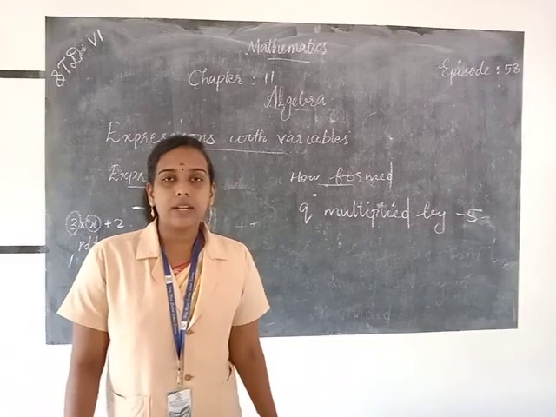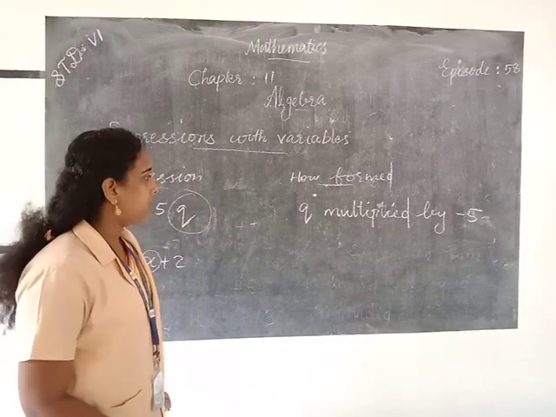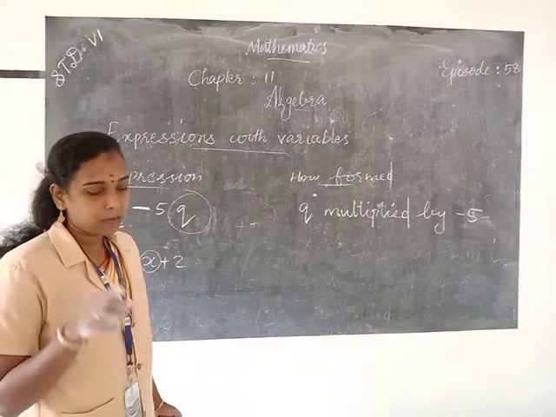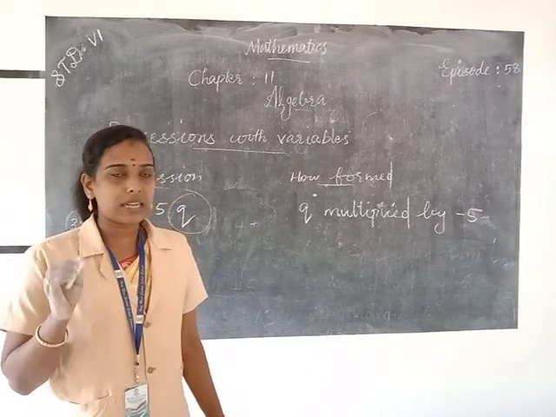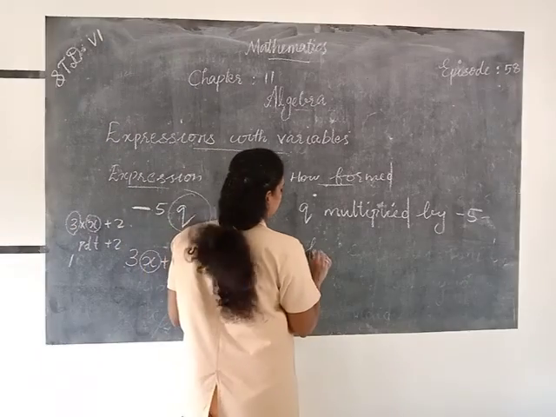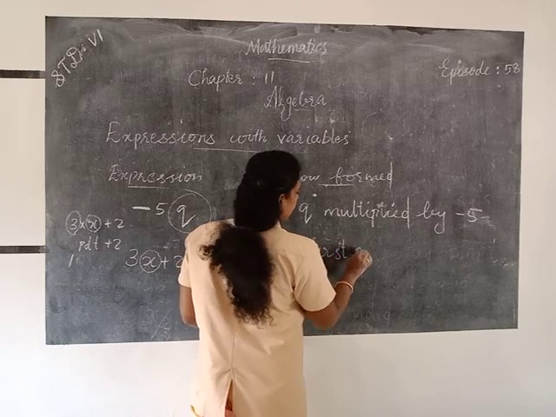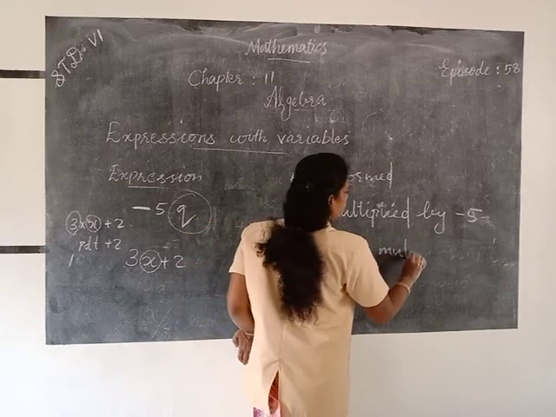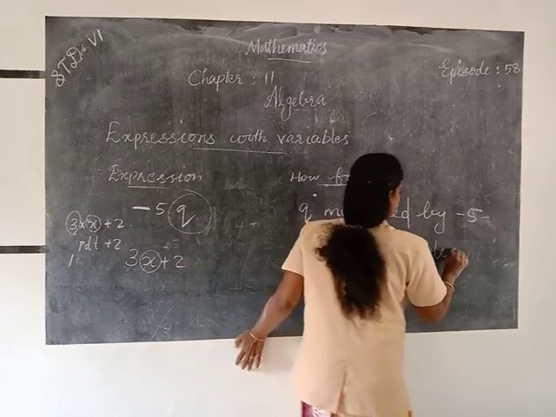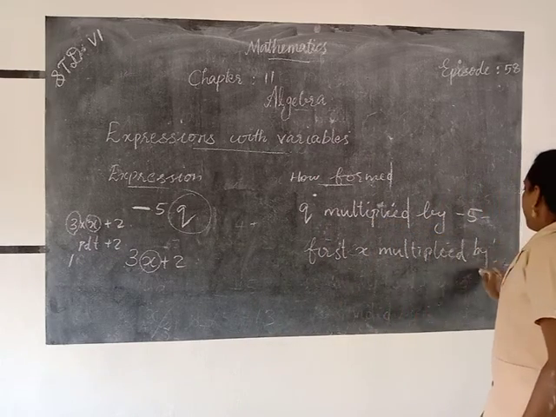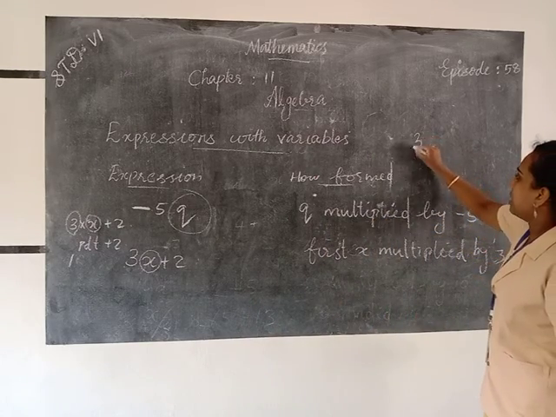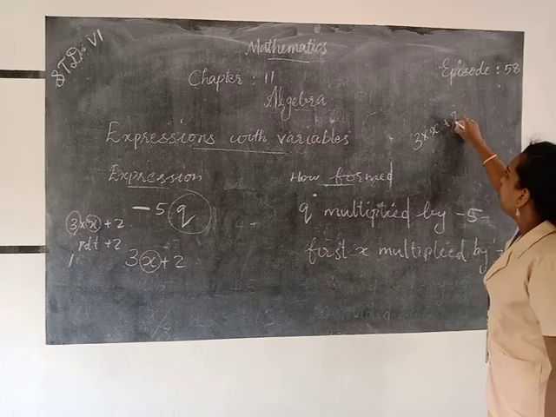Then 2 is added to the product. So the answer is first x is multiplied by 3, which means the expression is 3 into x plus 2.